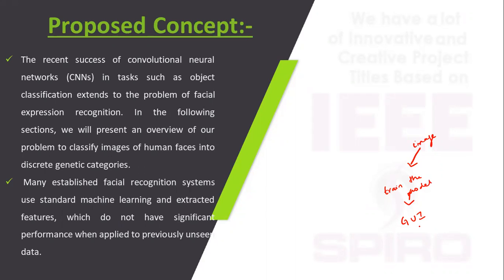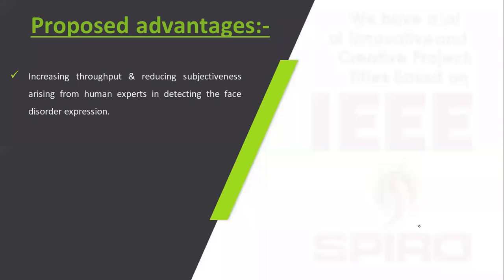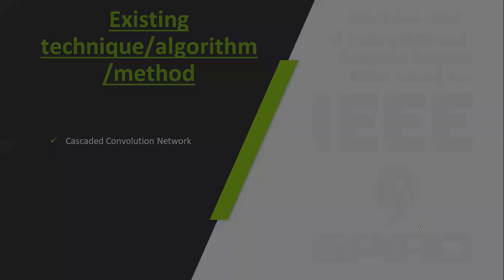So when we give a new input image, that is, a new disorder image related to the training data, that is, the different types of disorders we have trained, and when we give the same disorder type to the input GUI, the output will be which type of disorder the uploaded image is. The main advantage is that it can be used to detect the different facial disorder expressions, like the different genetic disorders.